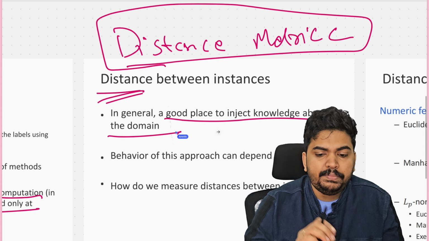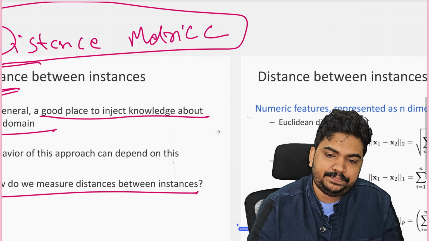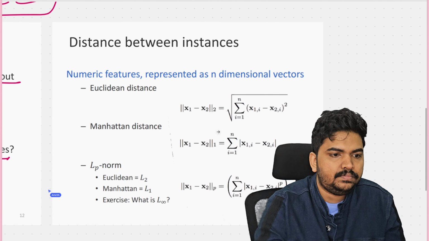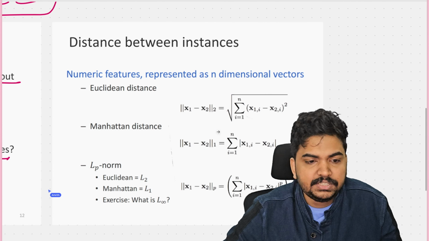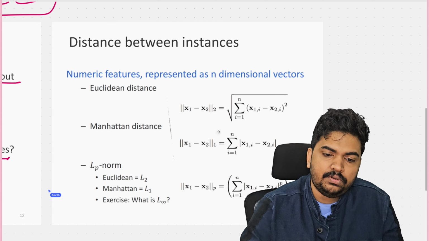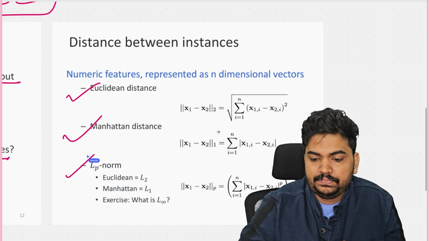So how do we measure distances between instances? With numerical features, when represented as n-dimensional vectors, we may simply use the Euclidean distance, Manhattan distance, or the norm.